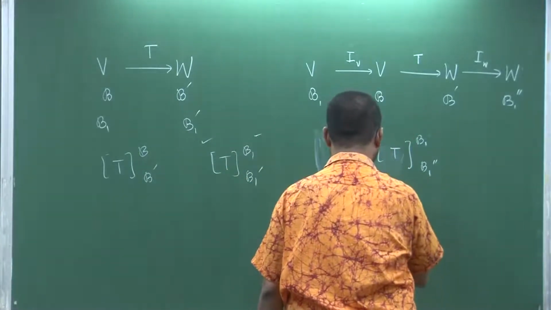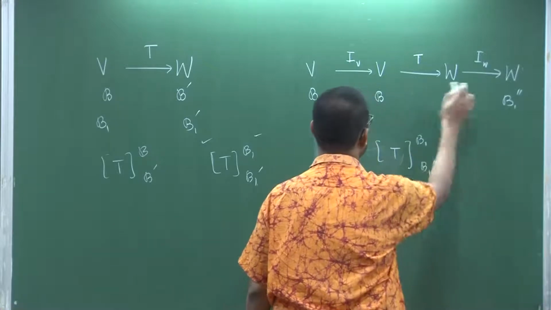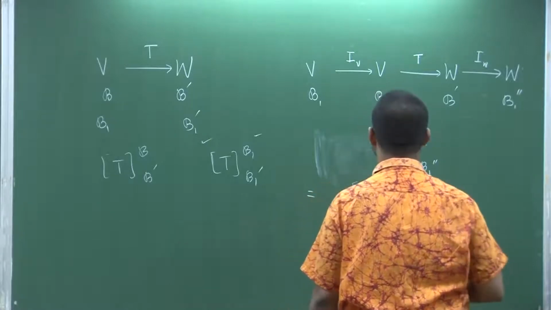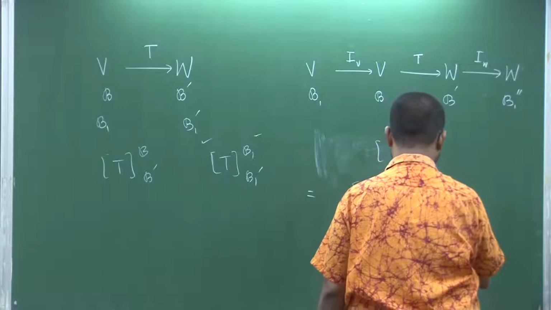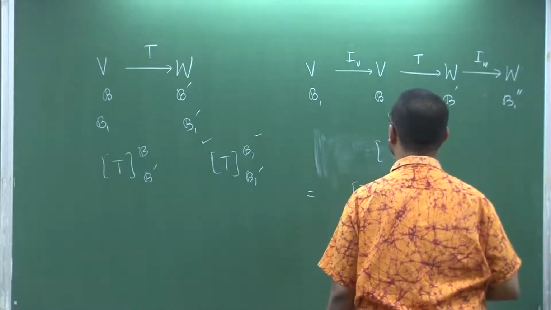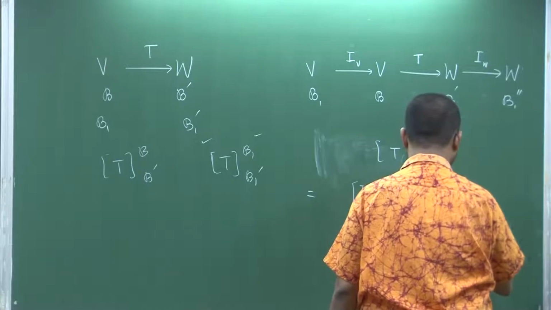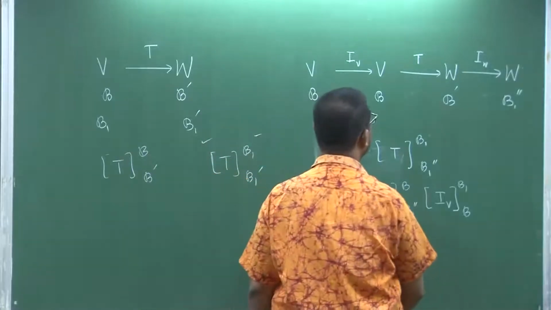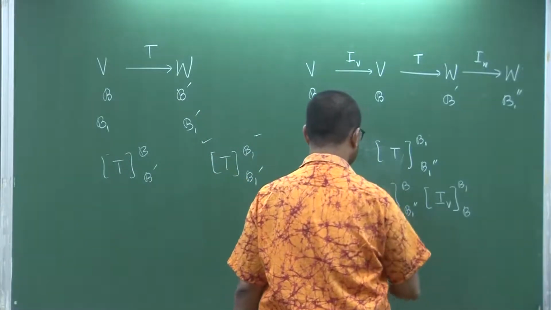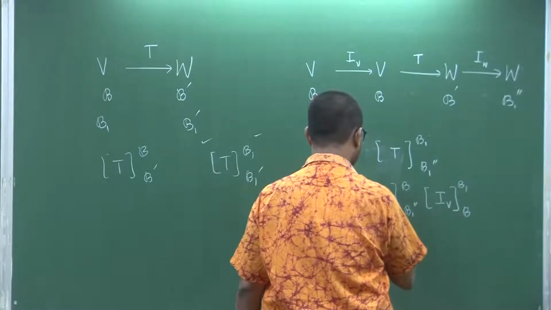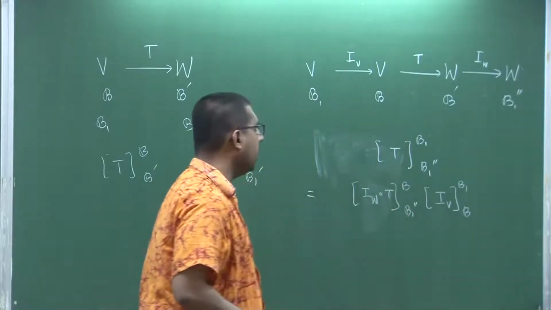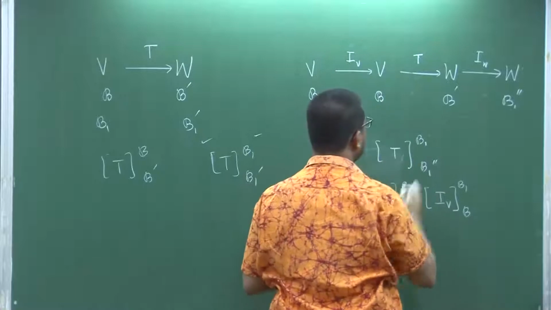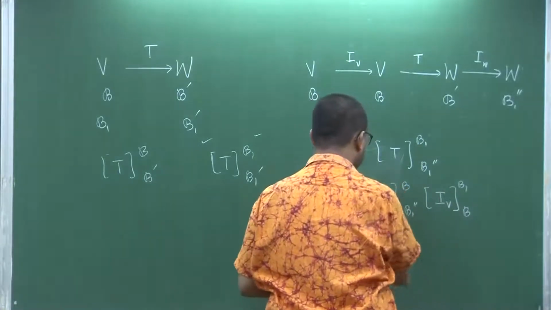So, T compose I_V, with B and B1 prime here, together with the identity, with B1 and B. I think this will be reversed: I_W T, because the whole composition can be regarded as the composition of this, and then with that we compose this. Now this is nothing but T itself.